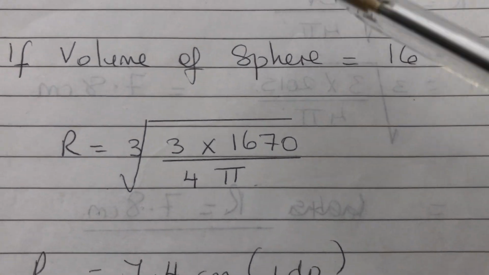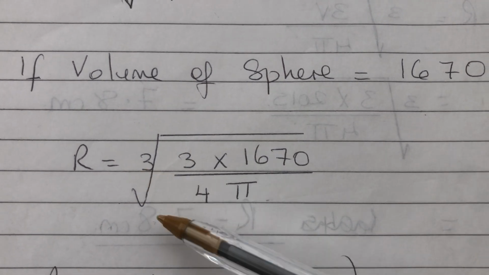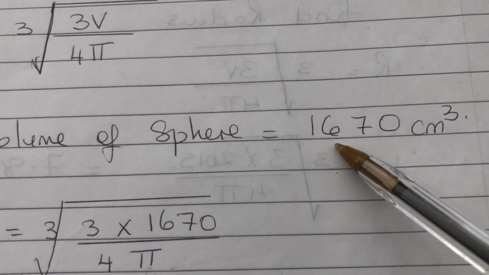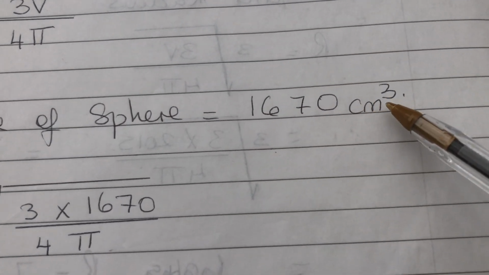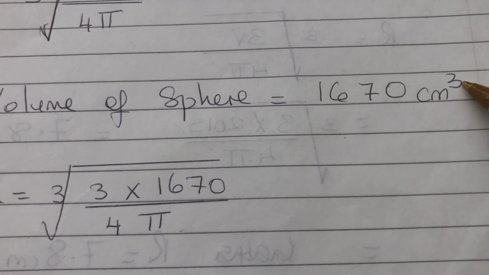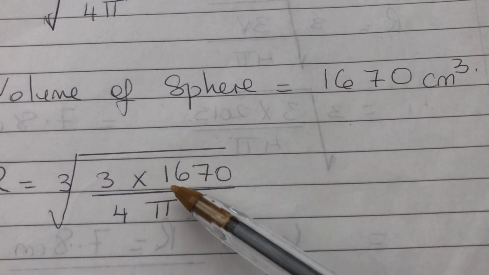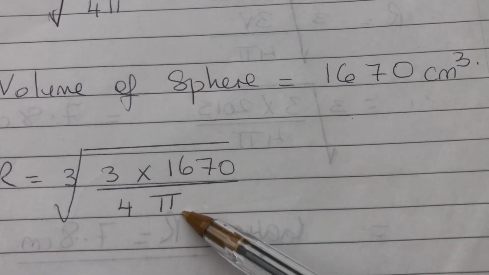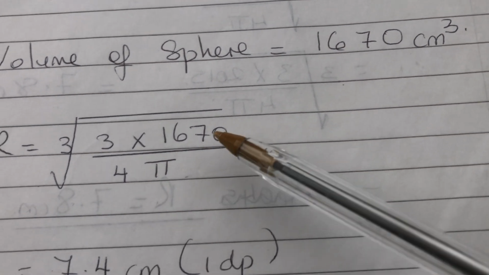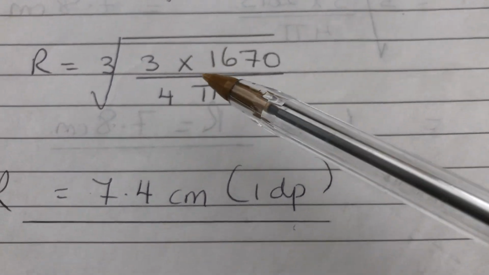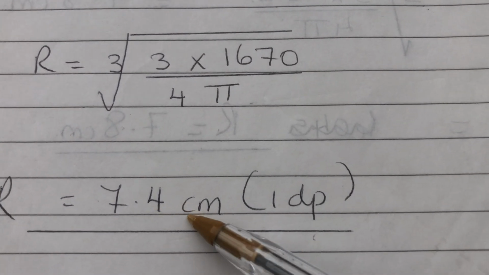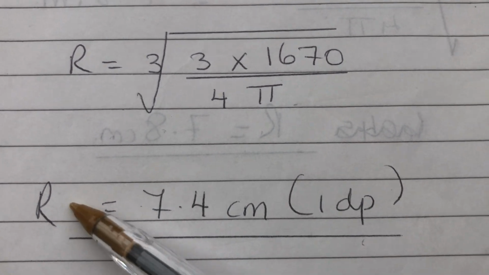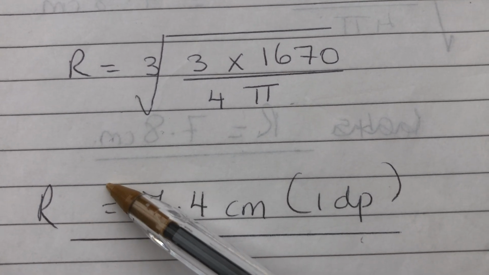Okay, so you have the volume as 1670 centimeter cube. So you have 3 times 1670 divided by 4 pi. So when you do it correctly on the calculator, you get 7.4 centimeters, 1 decimal place, because r is a length.